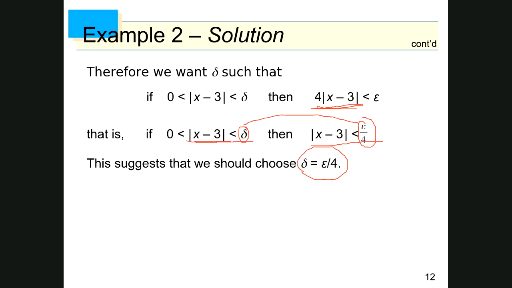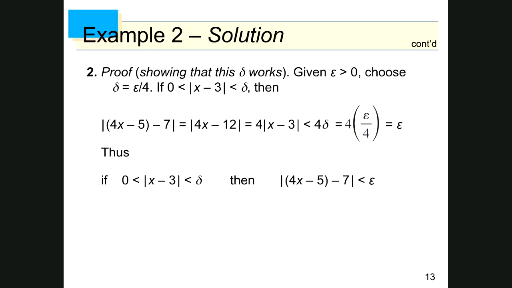Again, you go back and state the whole thing. So, given epsilon greater than 0, we choose delta equals epsilon over 4. What does the statement now become? If the distance between x and 3 lies between 0 and delta, then this whole simplification, you've done it already, so just rewrite it. This whole thing becomes 4x minus 12.